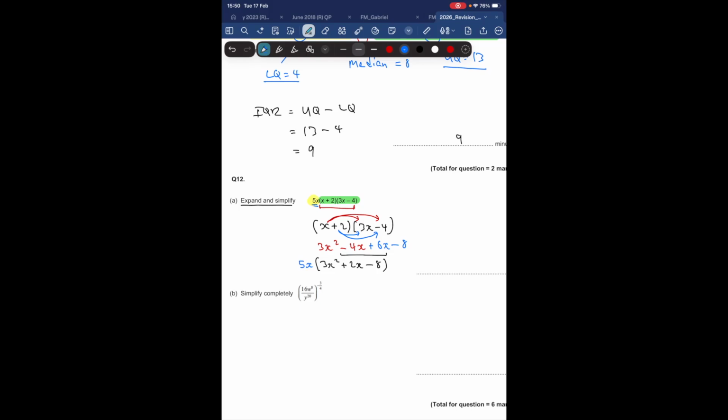Now, what I need to do is multiply out this bracket. So I'm just going to move it over to the right.